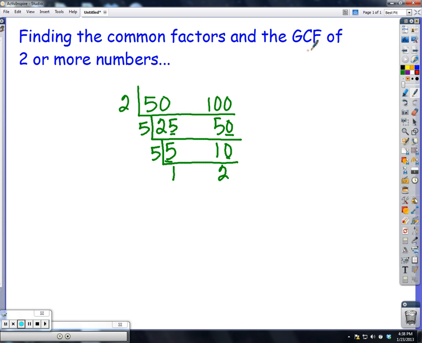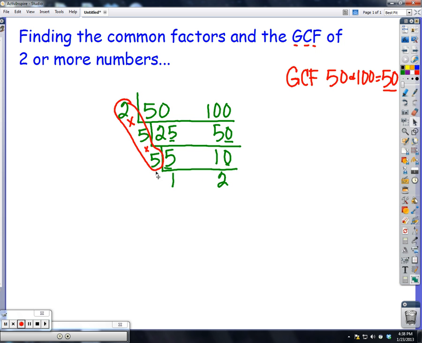Now, to find the greatest common factor, once again you look at just the numbers on the left and multiply them together. 2 times 5 is 10, and 10 times 5 is 50. So the greatest common factor for 50 and 100 is 50. Now, if you look really carefully, you can hopefully see why it is sometimes referred to as the upside down birthday cake.